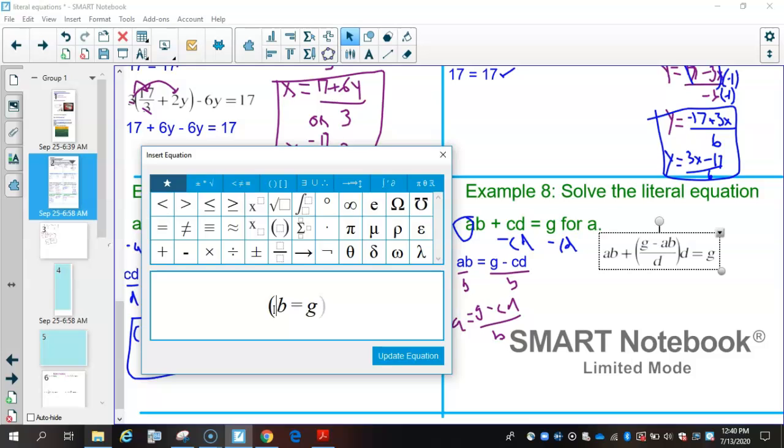So A was G minus CD all over B times B plus CD equals G. There we go.